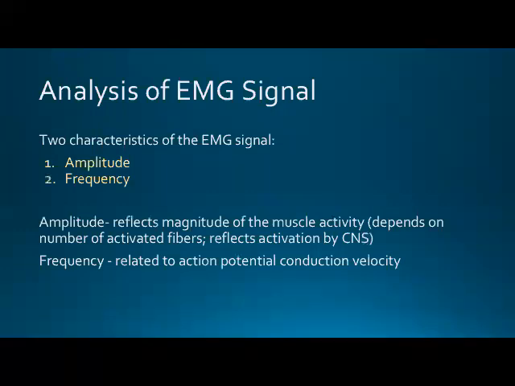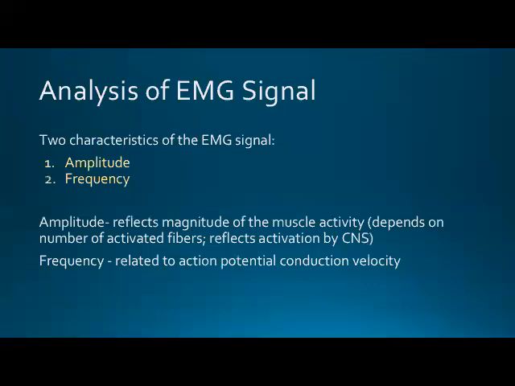So amplitude reflects the magnitude of muscle activity. You might hear it referred to as neural drive or just muscle activation, and it's just the magnitude of that muscle activation. It depends on multiple factors. Some of the biggest ones are the number of activated muscle fibers. It depends on electrode location and subcutaneous tissue if you're using surface.